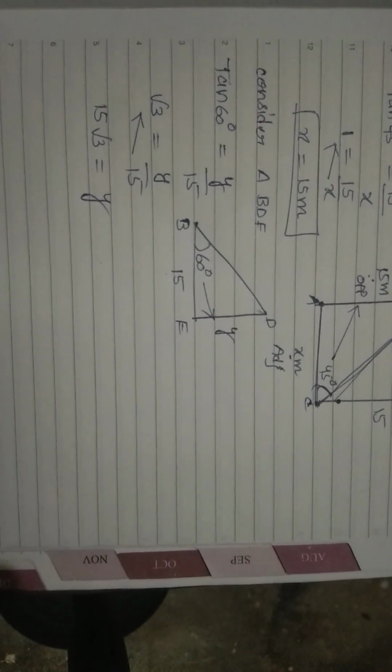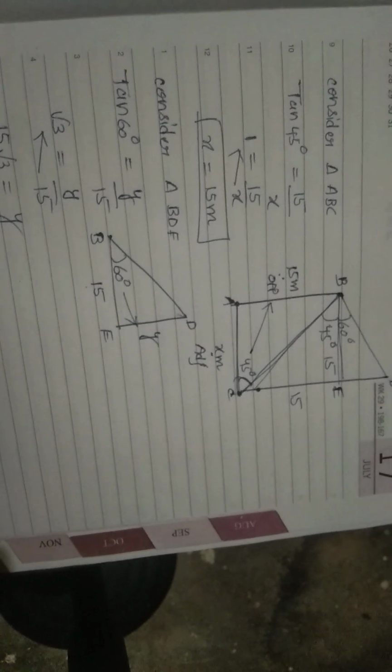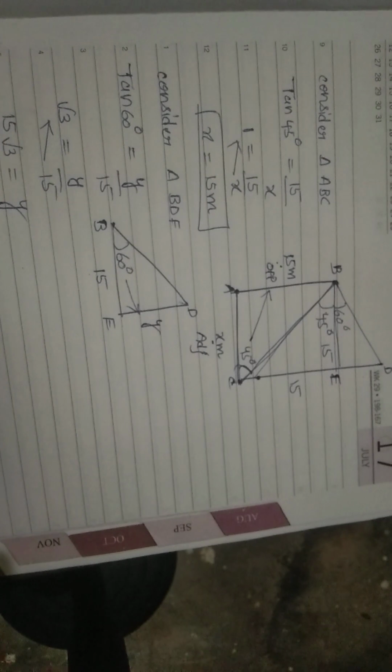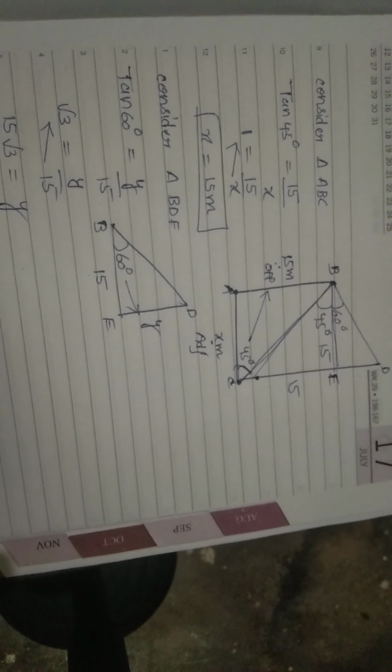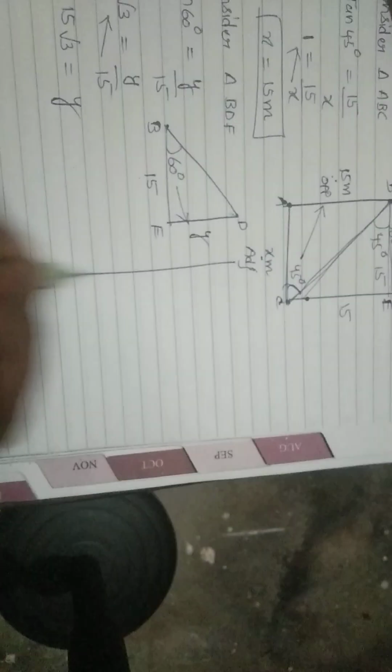Okay, so actually they are asking to find the height of the cell tower. So the height of the cell tower is nothing but CD. CD is nothing but CE plus ED.